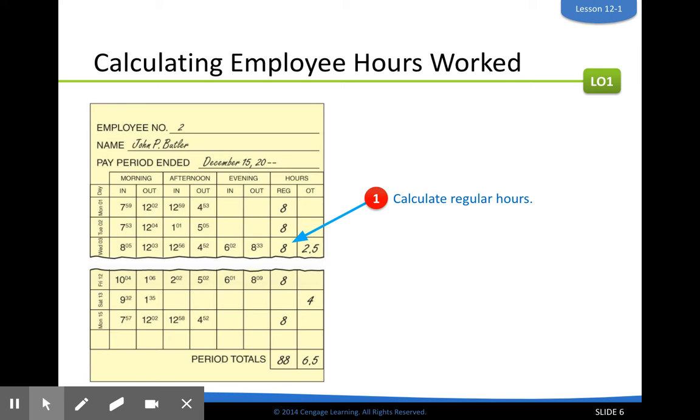So in our book example, anything 8 hours and below in a day is regular hours. Anything above 8 hours in a single day is overtime. And then you calculate the total hours.